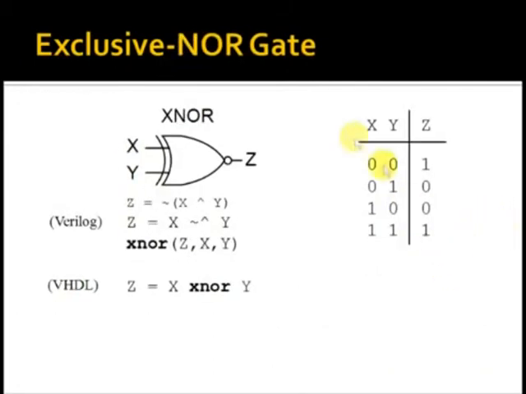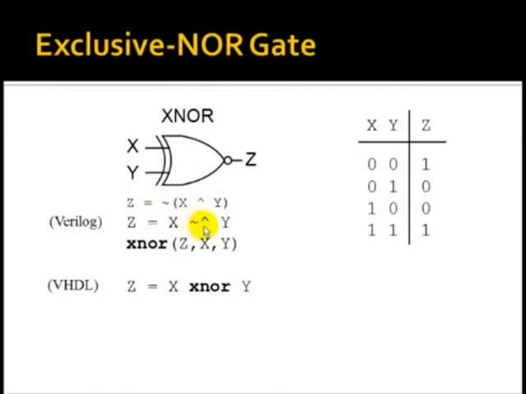Here's the symbol for an exclusive NOR gate. It's an exclusive OR symbol with the bubble at the output, so it's just going to be NOT exclusive OR. That is, if either one is 1 and the other is 0, you get 0. If they're both 0 or both 1, then you get 1. In Verilog, it's just NOT x, using the hat for exclusive OR, y.